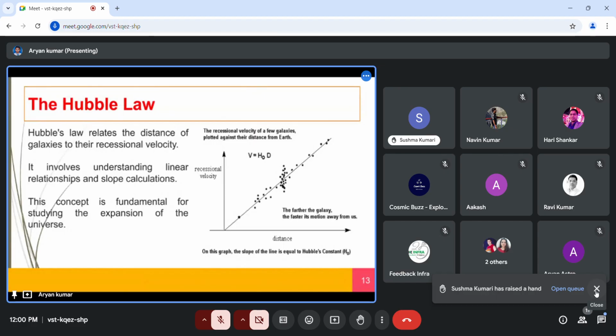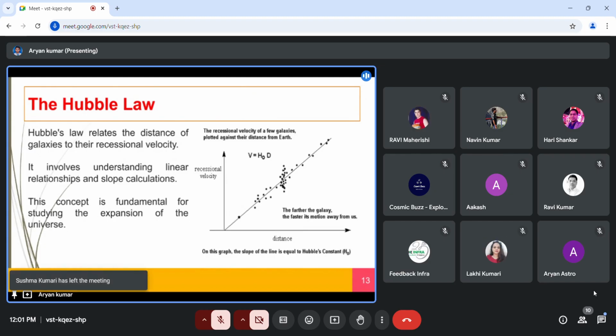Now we are going to Hubble's law. Akash had the question, and I had already explained this. The farther the galaxy, the faster it moves away from us.